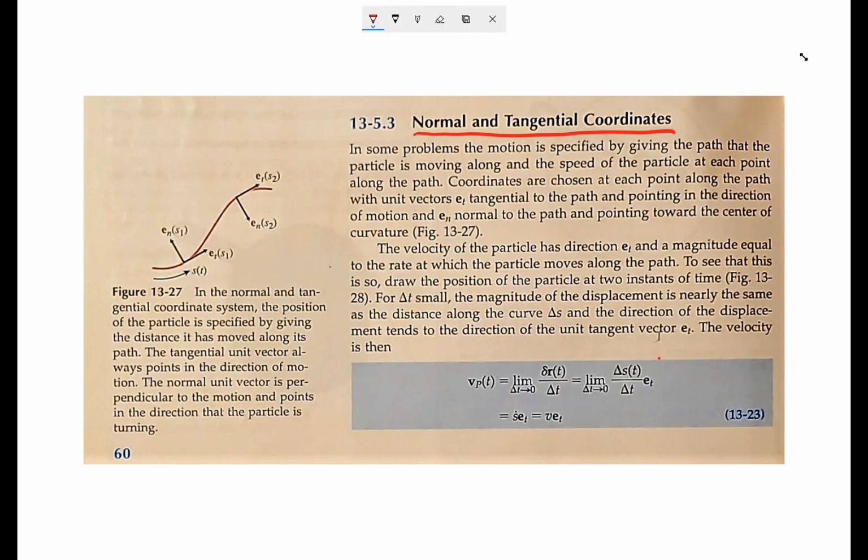Take a second to think about the object moving in this particular path and going from this highlighted location to this highlighted location. It can only move tangential to the path that we are drawing out.